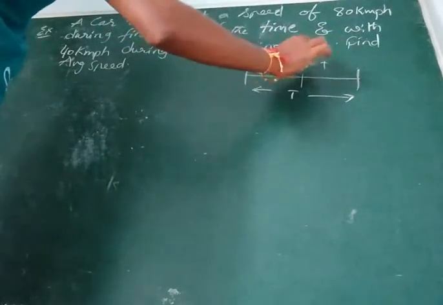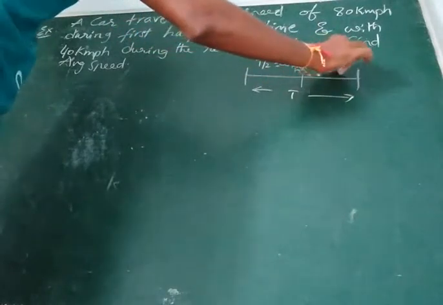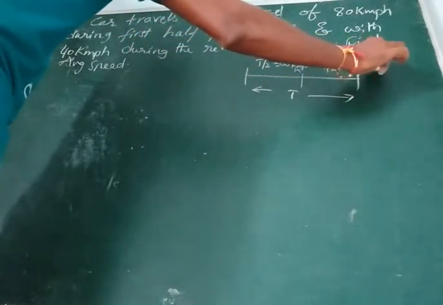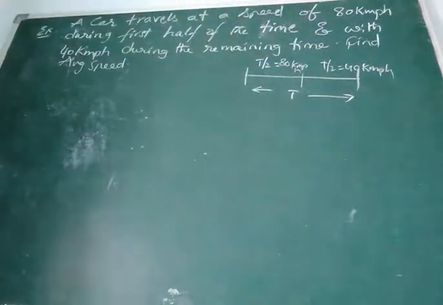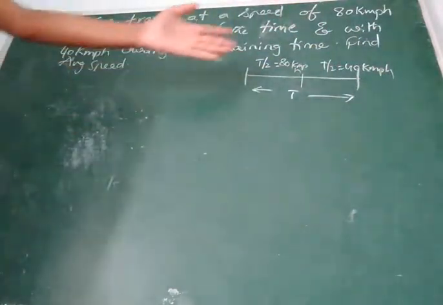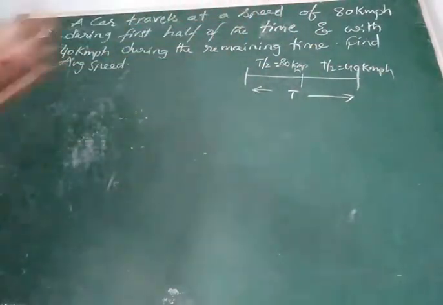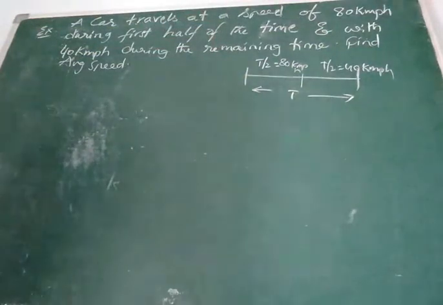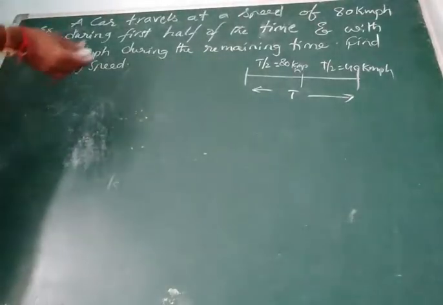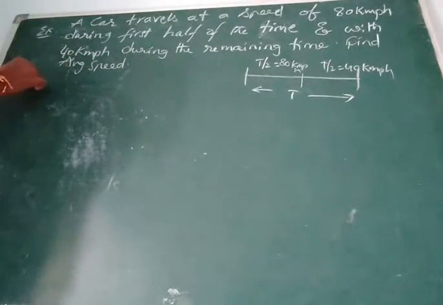Next t by 2 is 40 km per hour. First half of the time is 80 km per hour, and next half of the time is 40 km per hour. Okay, let's imagine, it is not exactly the solution.